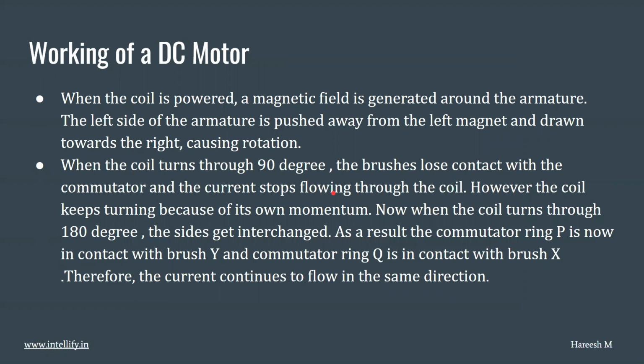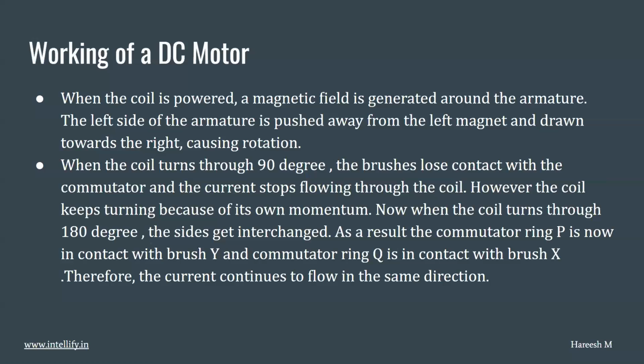Now, how does this motor work exactly? When the coil is powered, a magnetic field is generated around the armature. The armature is pushed away from the left magnet and drawn towards the right, causing rotation. We all know that when a current carrying conductor is kept in a magnetic field, it will experience a force.